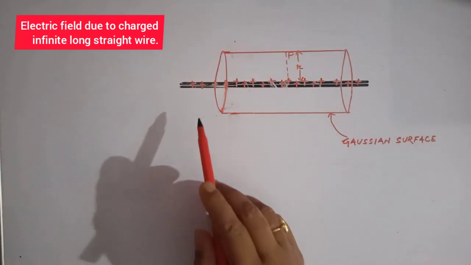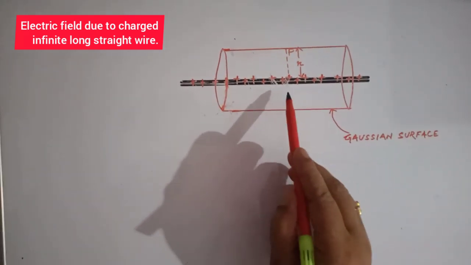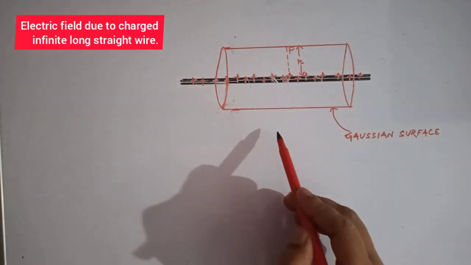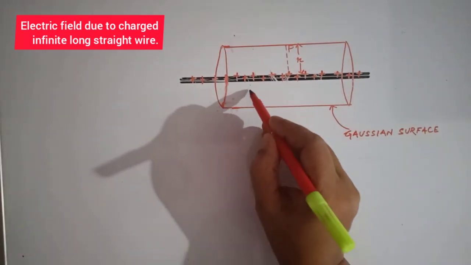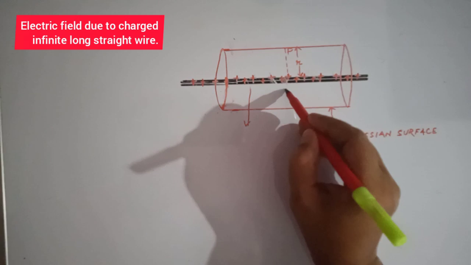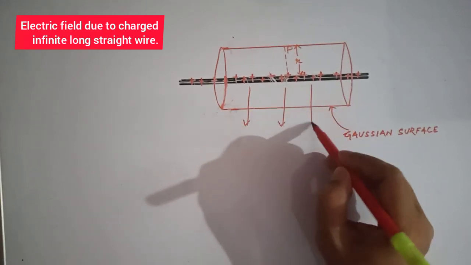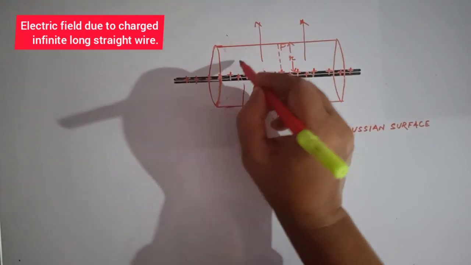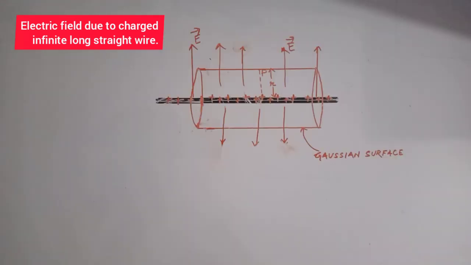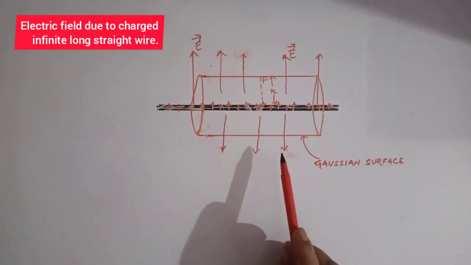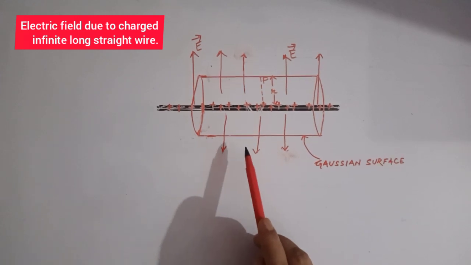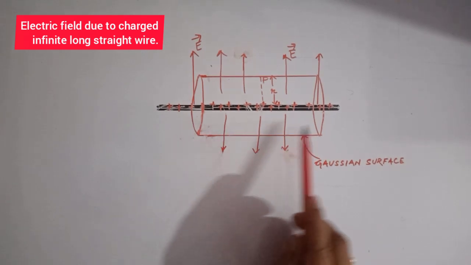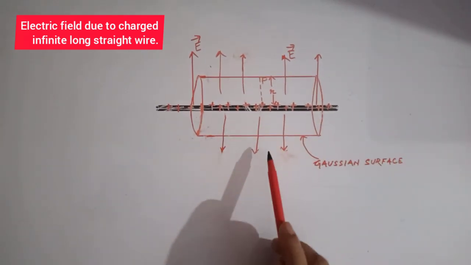The electric field lines due to this positively charged wire are outwards. We can draw the electric field lines. The cylindrical Gaussian surface has three surfaces, two plane surfaces and one curved surface.